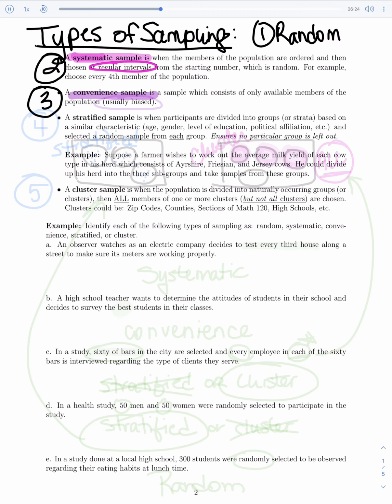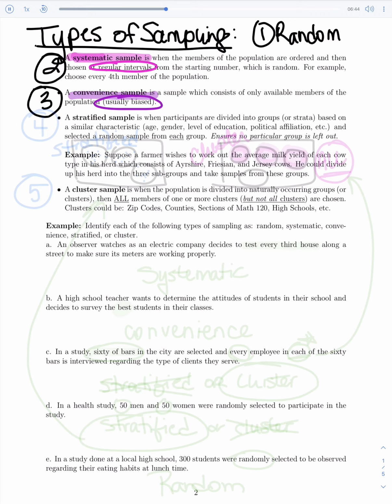The problem with that is that it is usually completely biased. Lazy. Instead of tracking down a random sample of all your students, you're just using what's easiest to you.